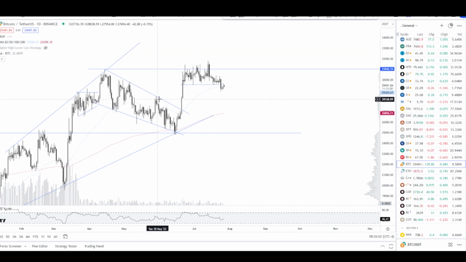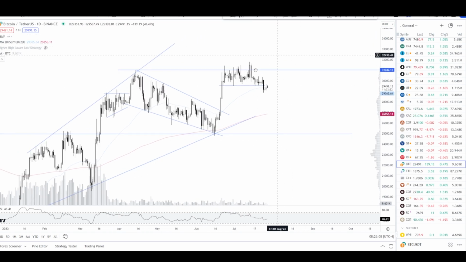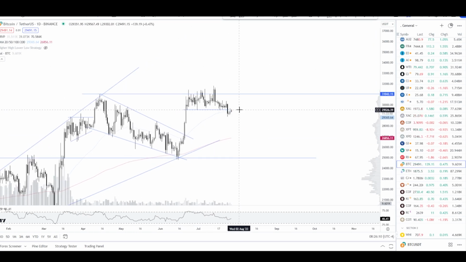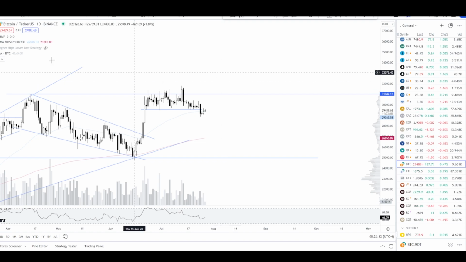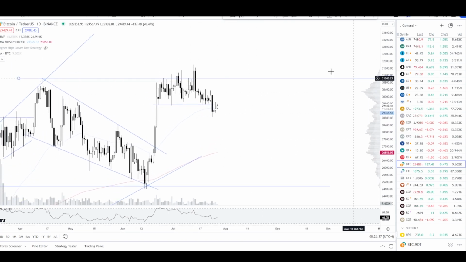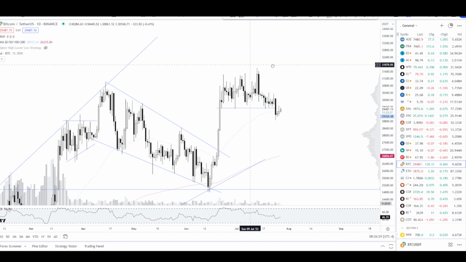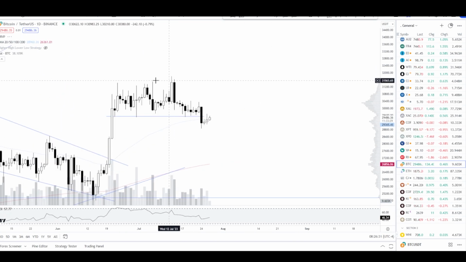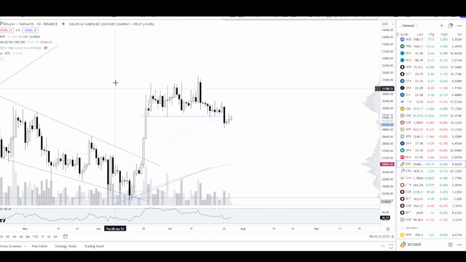That's why we may just skip those lines that were just drawn right here, and I will go back to those horizontal ones. Let's erase this one as it's not relevant anymore, as it has been broken.